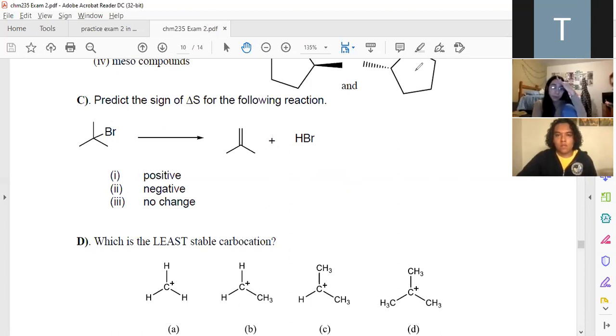I forgot what it meant. I know what it means in an equation, but I forgot the meaning of it. It's entropy.